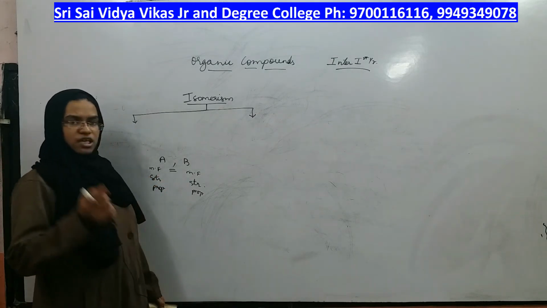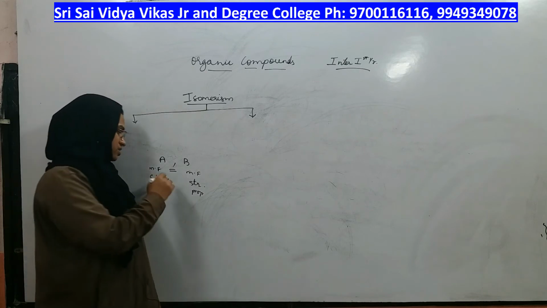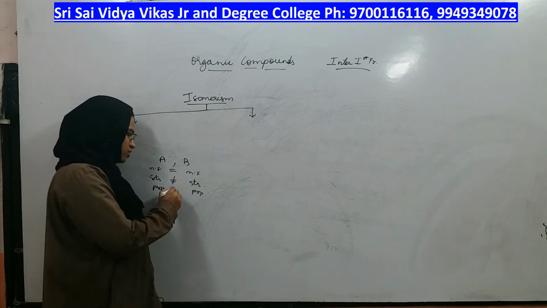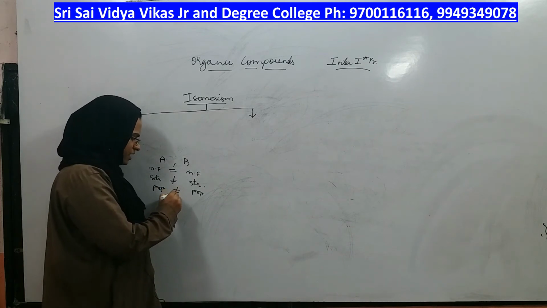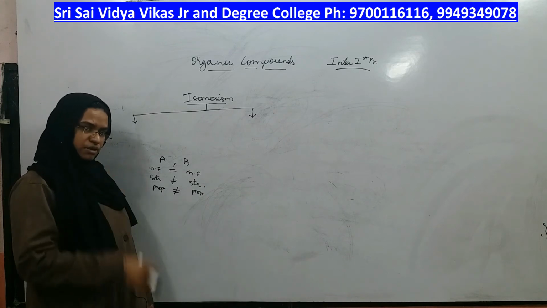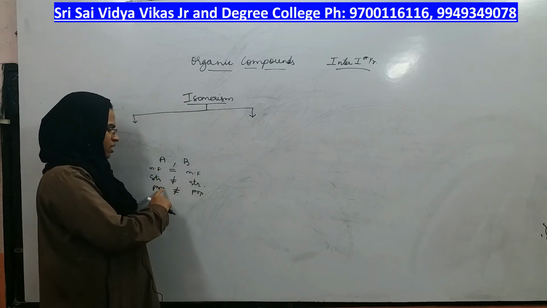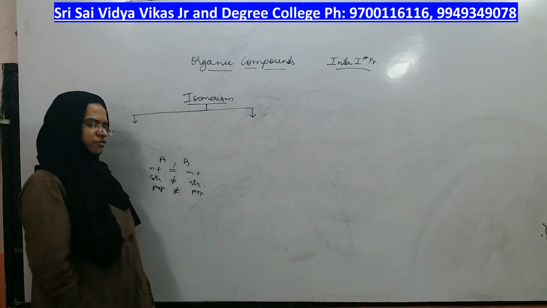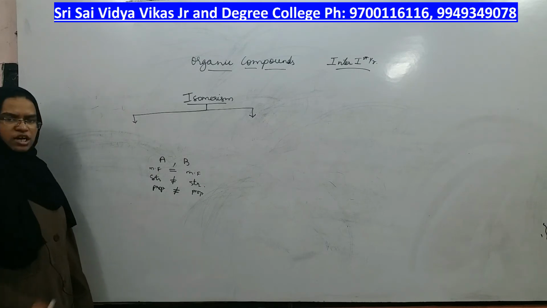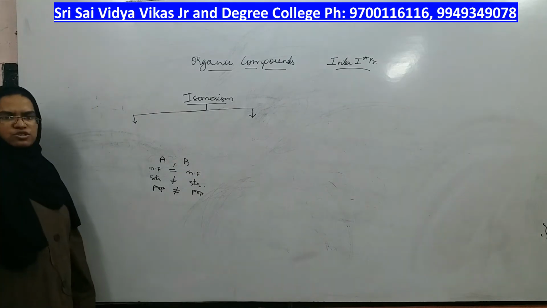Even though their molecular formula is the same, you got a different structure. Or even though the molecular formula and structure are the same, you got different properties. Anything can be possible. But whether the structure or the properties come different, every time the molecular formula will be the same for these two compounds which you have chosen.